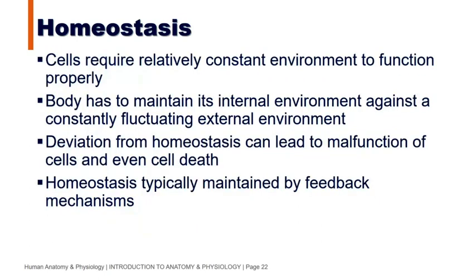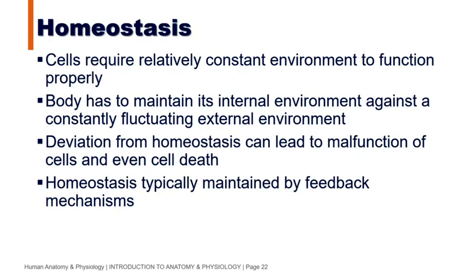Remember that our cells require a relatively constant environment to function properly. And so our body has to maintain its internal environment against a constantly fluctuating external environment. Deviations from homeostasis can lead to malfunction of cells and even cell death.